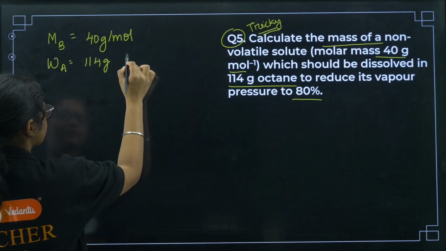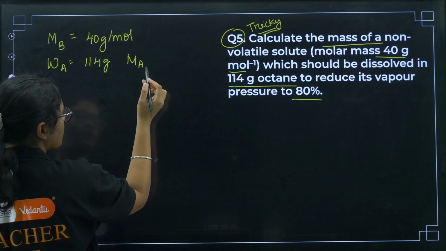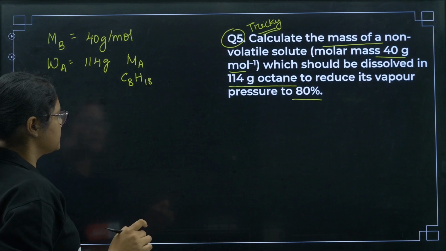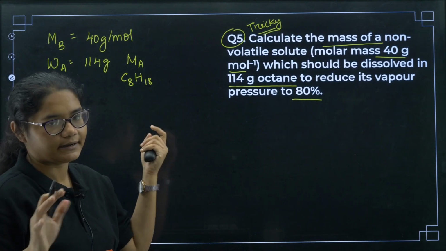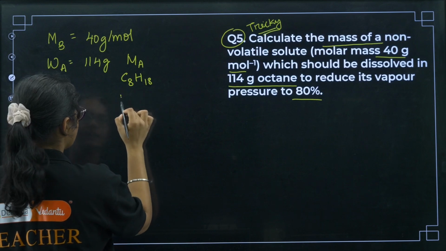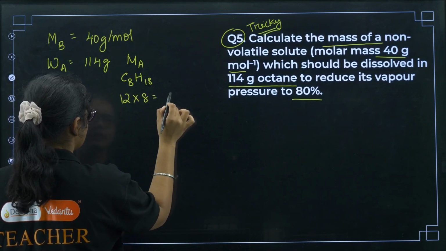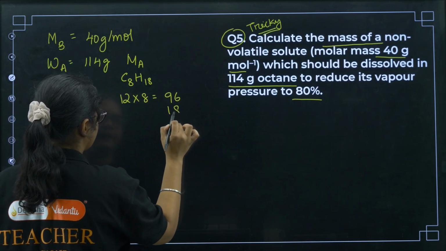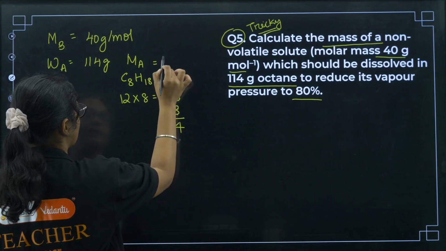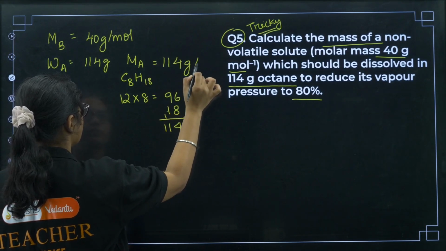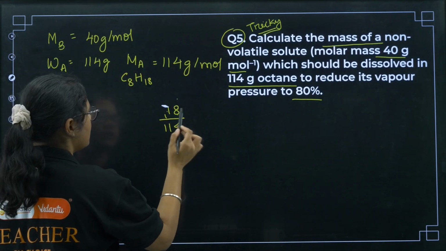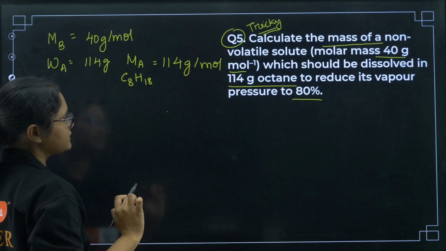But I can also calculate the molar mass of the solvent, because it is octane. Octane will be C8H18, 8 2s are 16, plus 2 is 18. The alkane formula is CnH2n plus 2. So 12 into 8 is 96, and then 18 hydrogen. If I add them, we get 114 gram per mole. Let me erase this rough work here. We got this data.